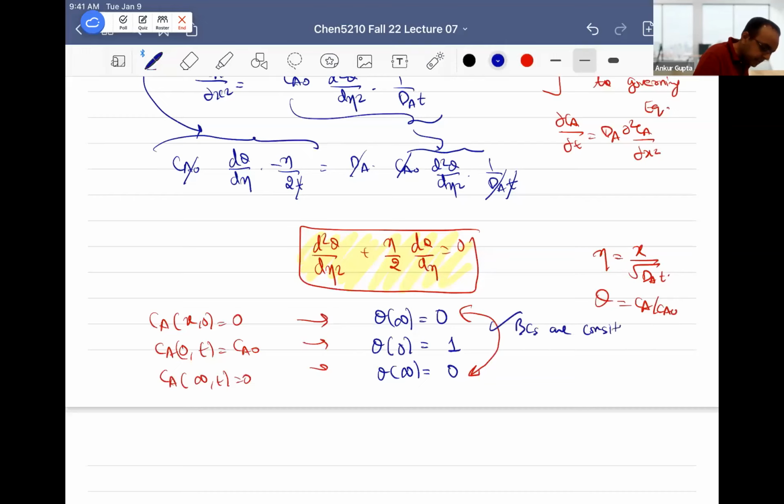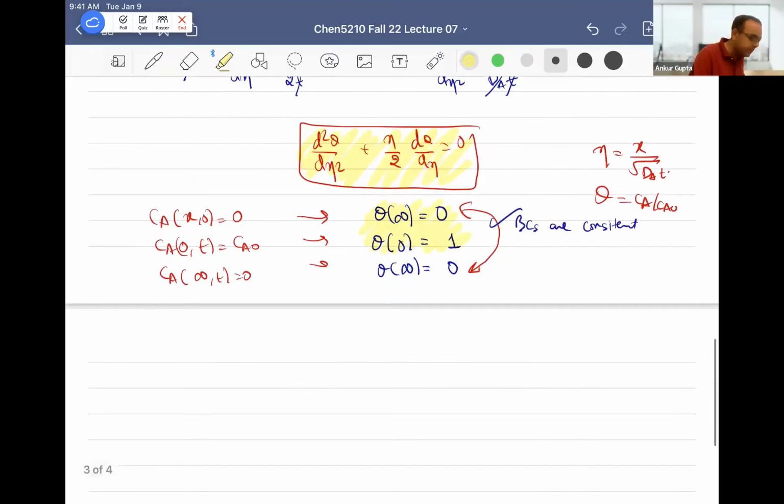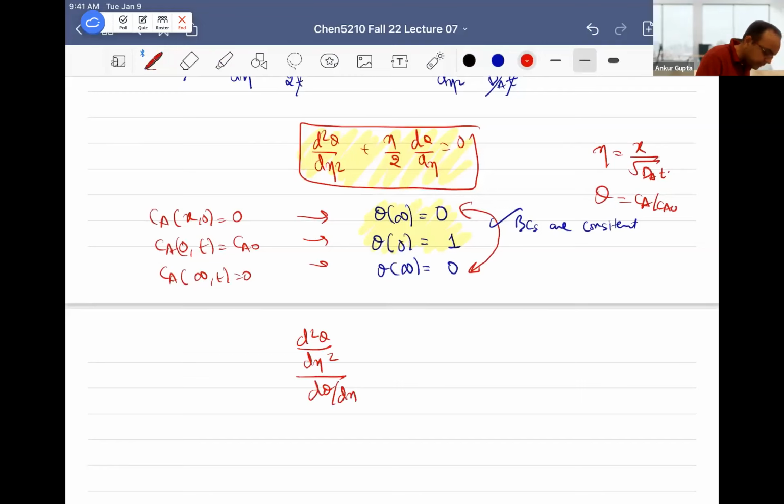So this is my problem now, this is what I want to solve. Essentially, two boundary conditions and the ODE. I'll start to show you how to do this. You don't have to worry too much about the math right now, but I'm just rearranging and integrating twice.